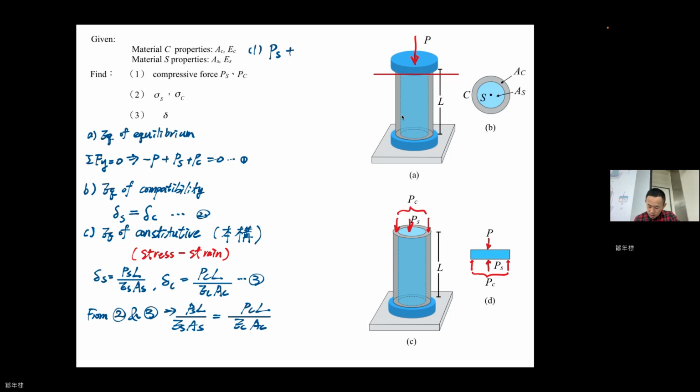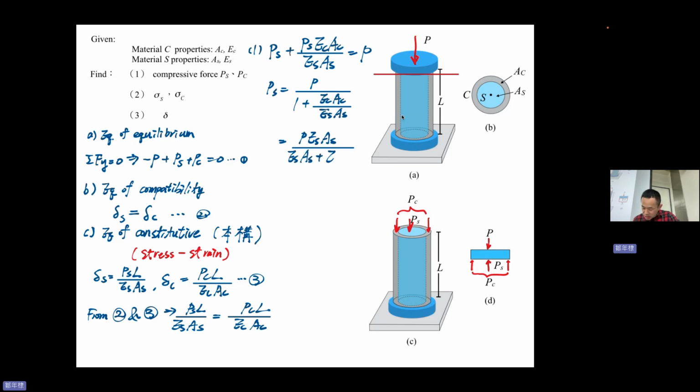PS plus PS times ECAC, divided by ESAS, equal to P. So PS equal to, wow, very long writing, 1 plus ECAC divided by ESAS equal to P, so PS equals P ESAS divided by ESAS plus ECAC. Okay, so that's it.